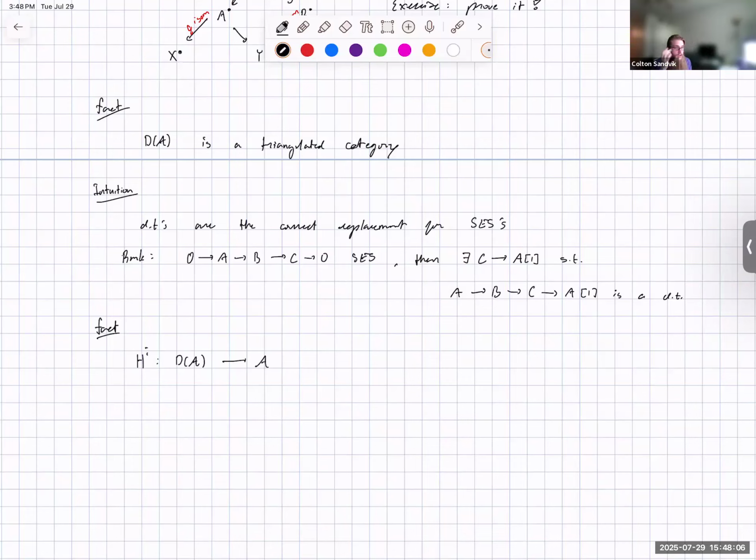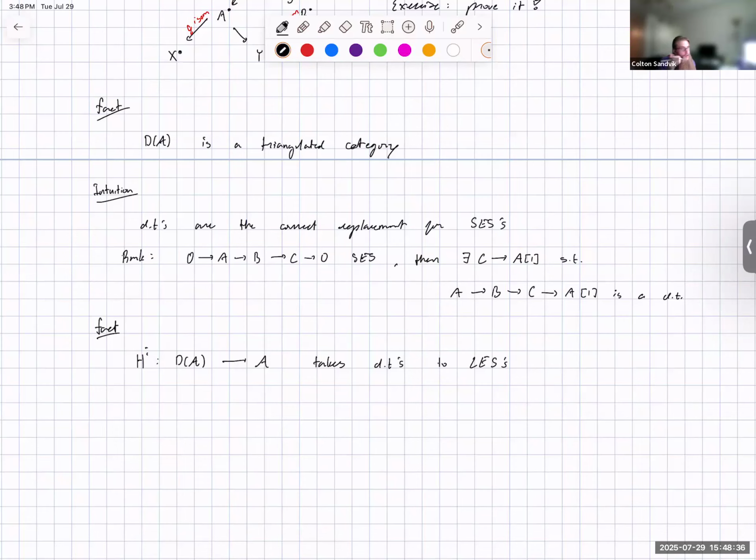So we have a cohomology functor, which just takes a chain complex and spits out its cohomology at the ith step. And the fact is that the cohomology, well, I'm going to say the slogan and then we'll write out precisely what it means. This takes distinguished triangles to long exact sequences.